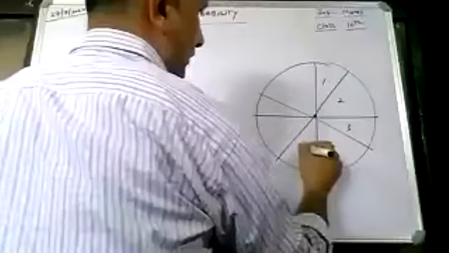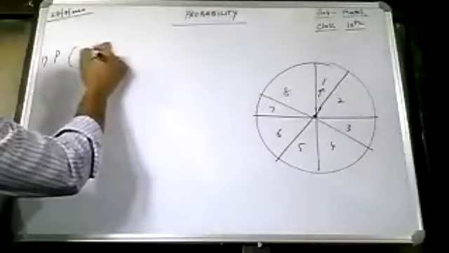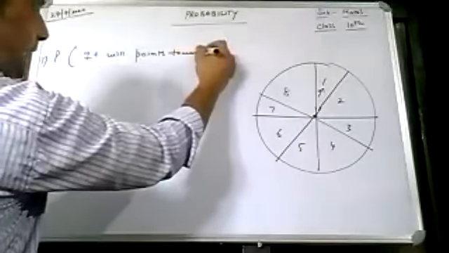Okay, next, please read out the next question. A game of chance consists of spinning an arrow which comes to rest pointing at one of the numbers 1, 2, 3, 4, 5, 6, 7, 8. These are equally likely outcomes. What is the probability that it will point at 8?